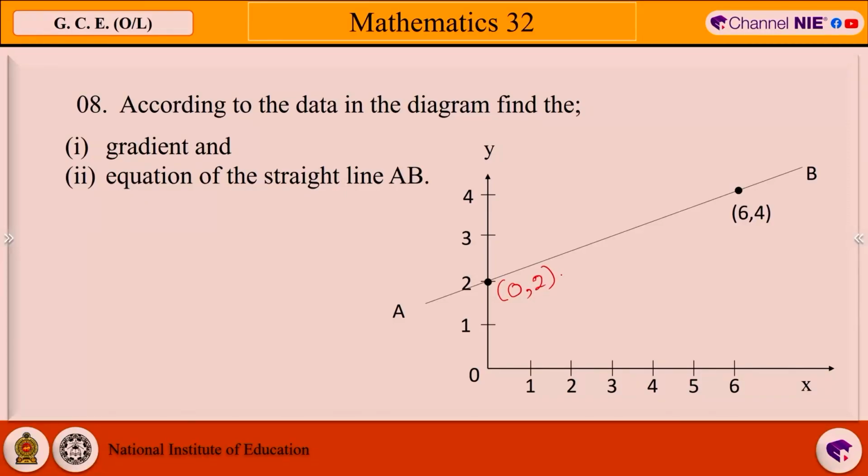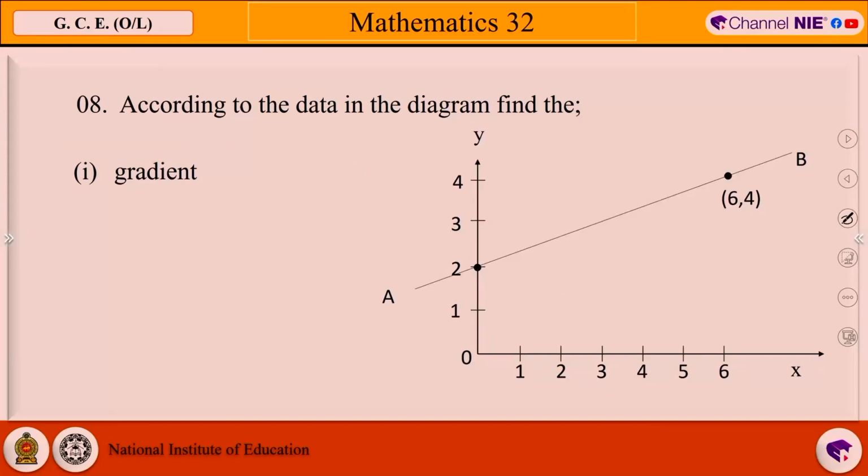So, to find the gradient, what you have to do? To get the gradient, you have to divide the difference of y coordinates by the corresponding difference of x coordinates. By doing so, you can obtain the value of m as 1/3.